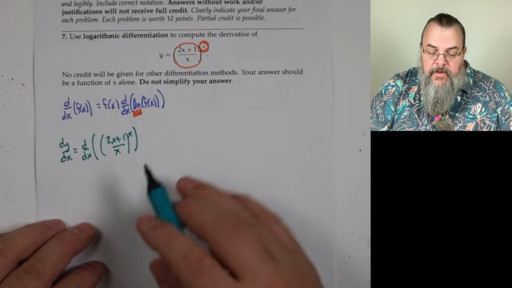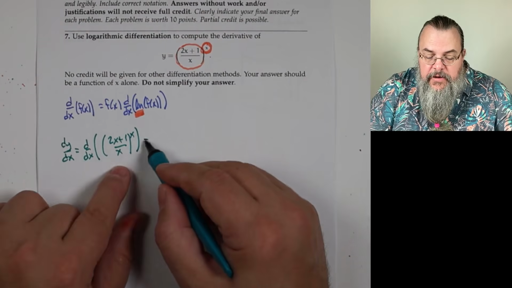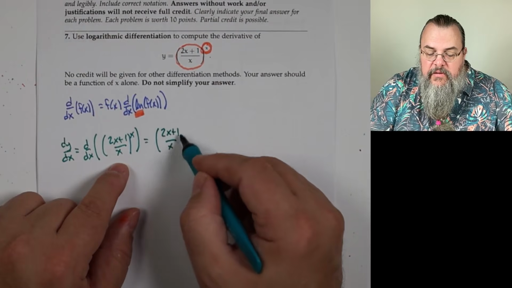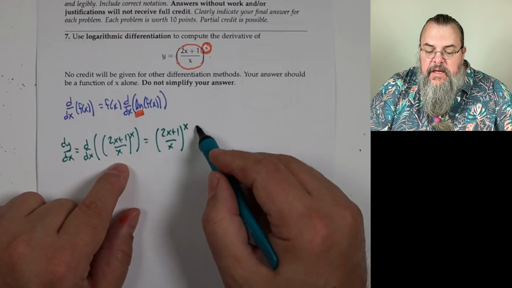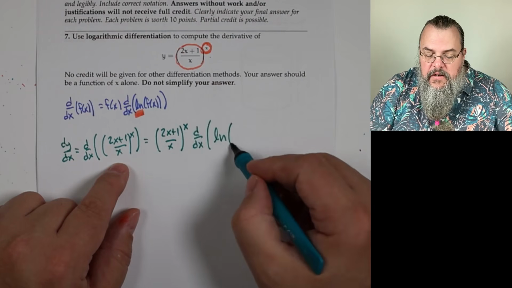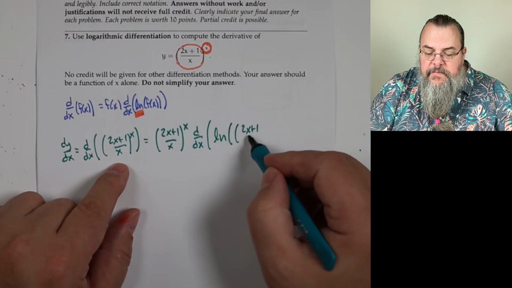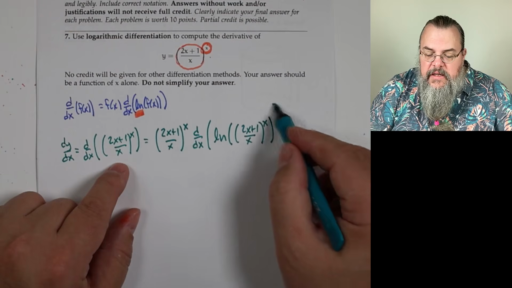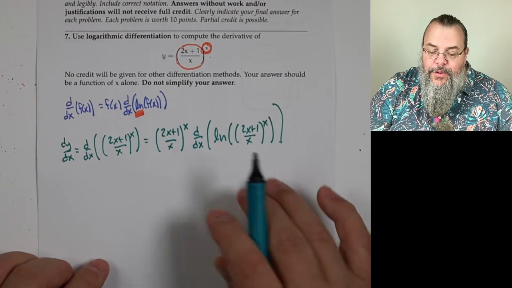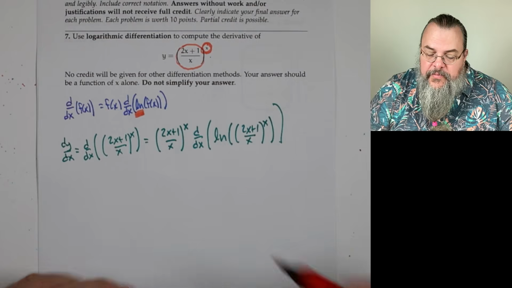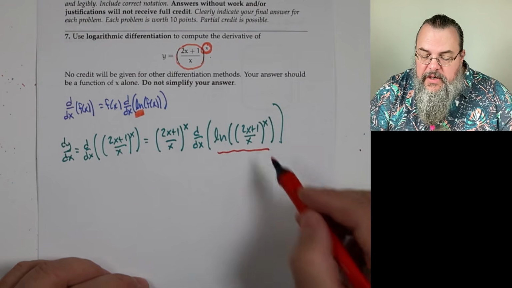So the rule says rewrite the function in the front, (2x plus 1 over x) to the power x, and then multiply by the derivative of the natural log of the function. Now we're going to take a second and say, but we can rewrite this. So let's rewrite this. What can we do to this expression?